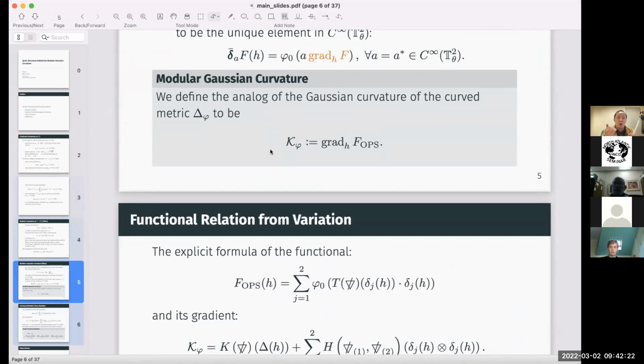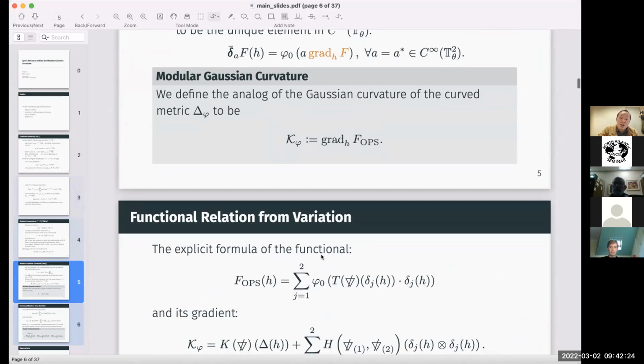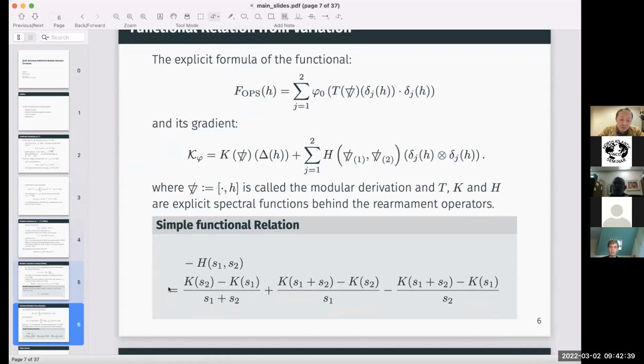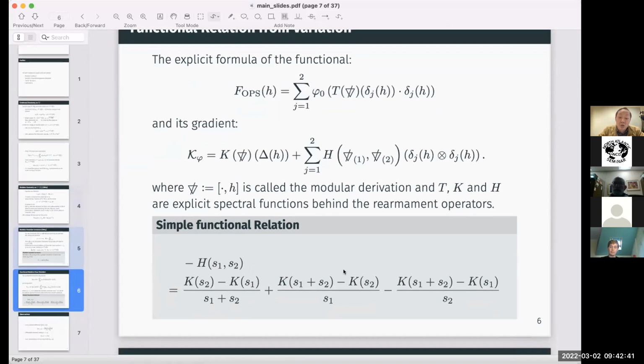Therefore we naturally expect that there are some relations between k and h. So here it is. Any questions so far? My whole talk is about the mathematical structures behind these relations.